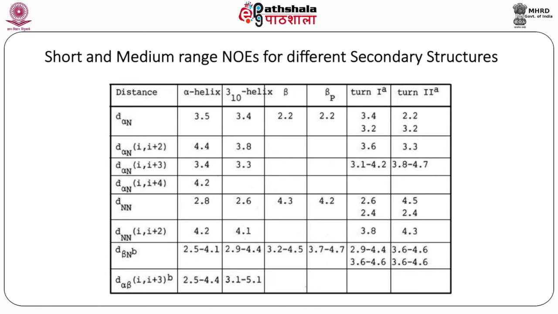As you can see, they are given for the alpha helix, for 3-10 helix, for the beta antiparallel and beta parallel strands and sheets, and they are also given for the type 1 turn and the type 2 turn. You should have a look at these distances so that you know what kind of NOEs can be observed, and a complete set of NOEs is very helpful in assigning the right secondary structure.